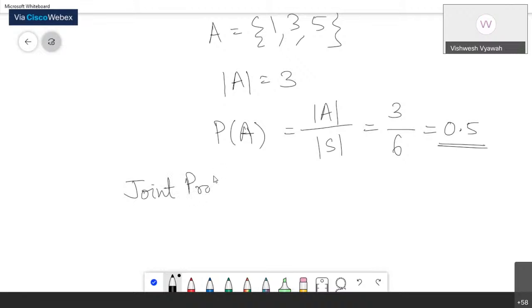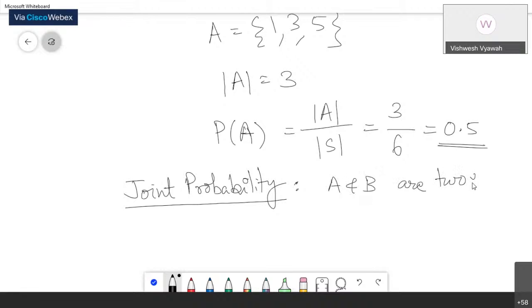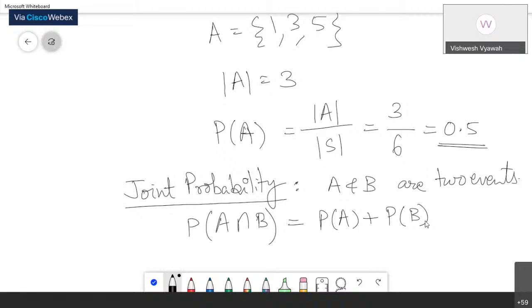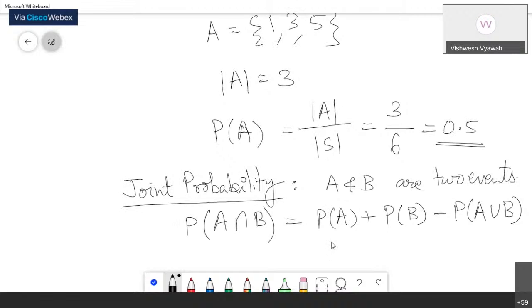I will explain to you something called joint probability. What is a joint probability? A and B are two events, and I am interested in the probability of their joint event, the probability of A intersection B, which is equal to probability of A plus probability of B minus probability of A union B. Do you recall this, dear participants?